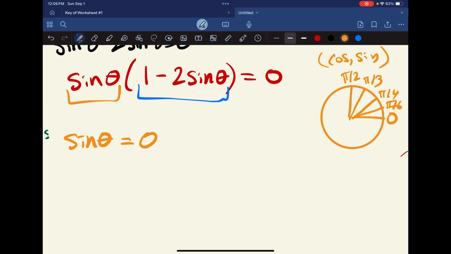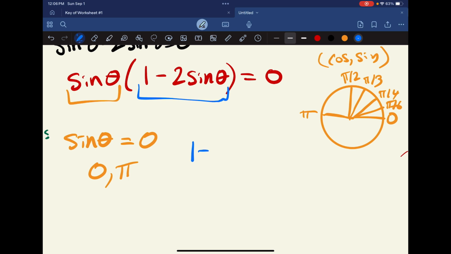So cosine is like your x value, and sine is like your y value. So 0 makes this equal to 0, because the sine value of our 0 angle is 0, and then also pi, because out here at pi, it also equals 0. So those are the zeros that we get from that term.